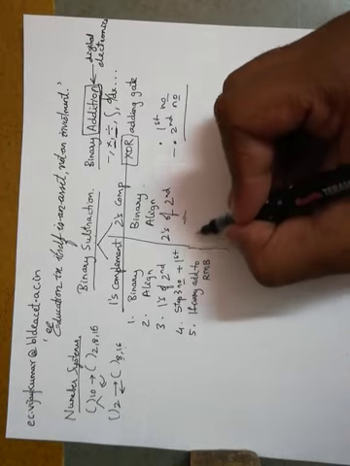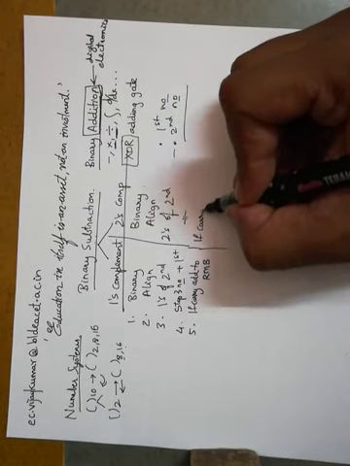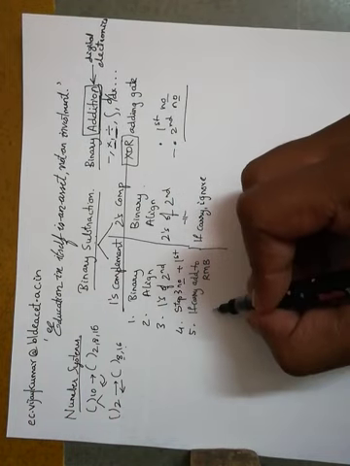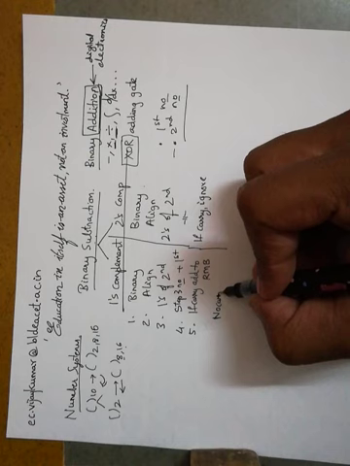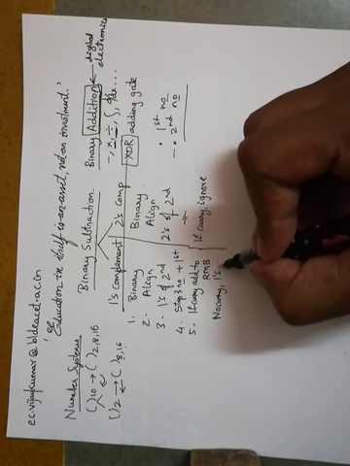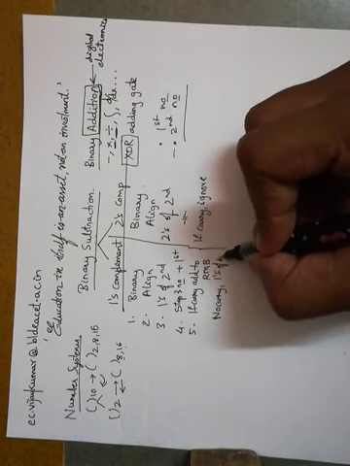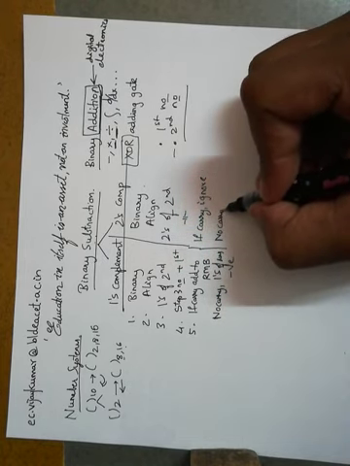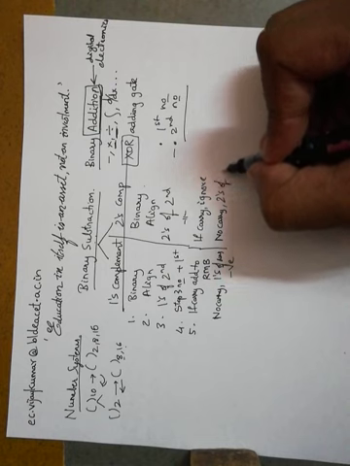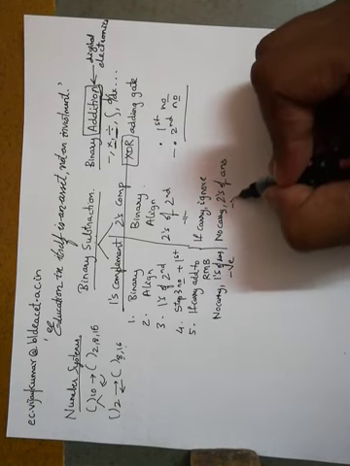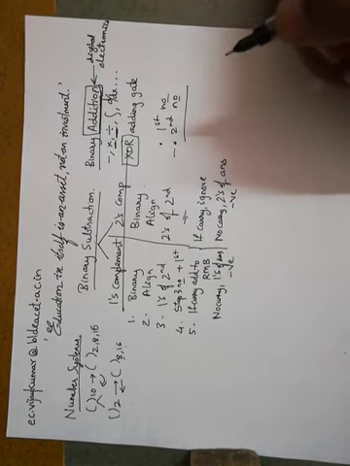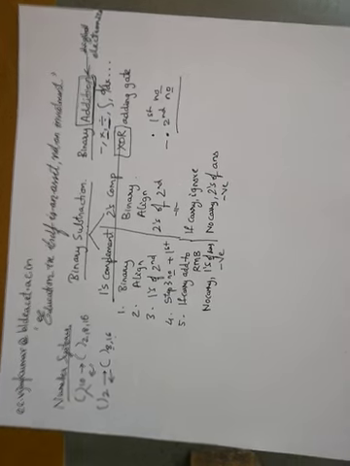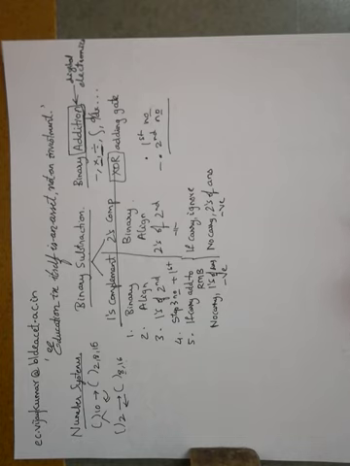Okay, if carry in twos complement, ignore. Another chance is no carry, means ones complement of answer with a negative sign. No carry in twos complement is twos complement of answer with a negative sign. Okay, looks daunting, but the procedures are very simple once you practice with some two or three different numbers.